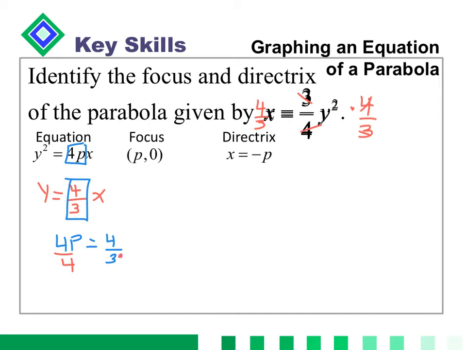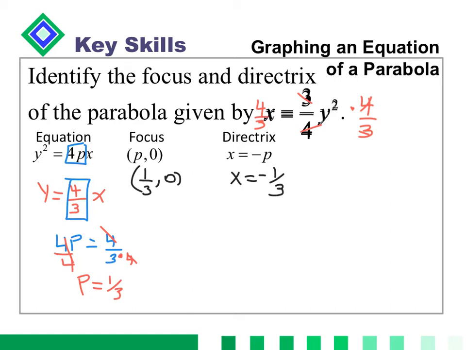So I divide by 4 here. See, this is gone. So p is equals to 1 over 3. What does that mean? The focus is going to be 1 over 3, 0. And the directrix is going to be x is equals to negative 1 over 3.